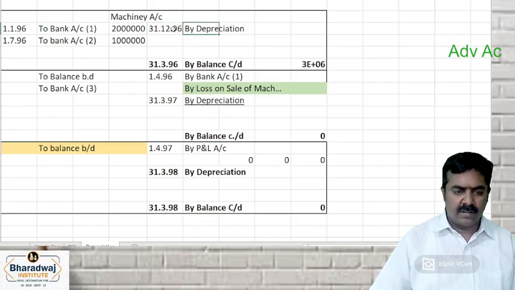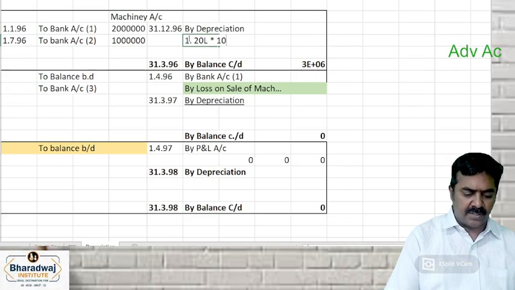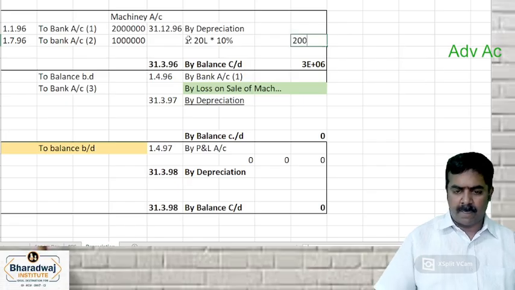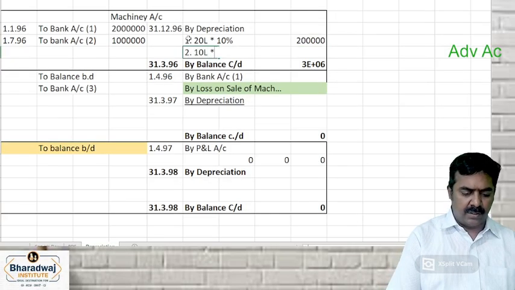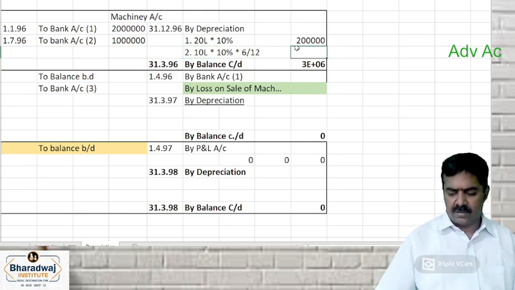On 31/12/96, by depreciation for the first machine, how much will it be? 20 lakhs into what percentage? 10%. Second machine 10 lakhs into what percentage? 10% for how many months? 6 months. How much? 50,000.